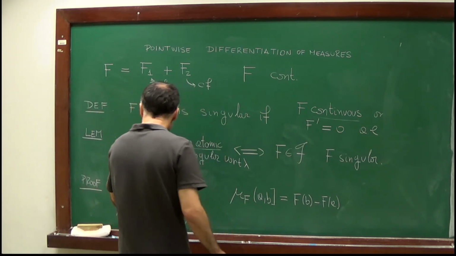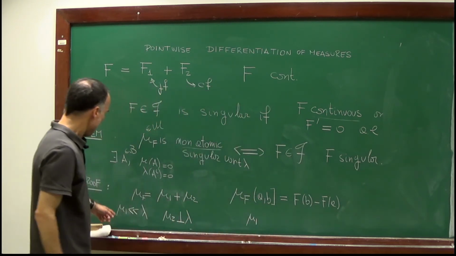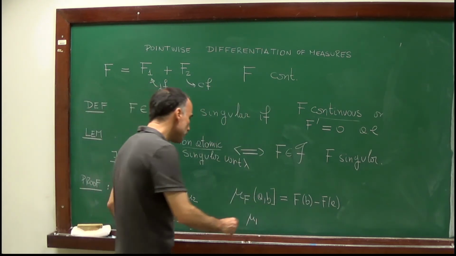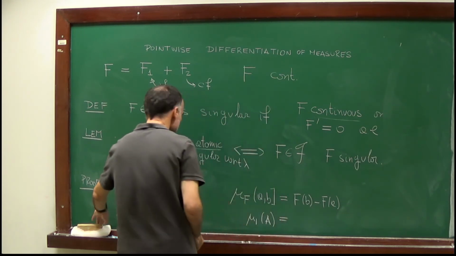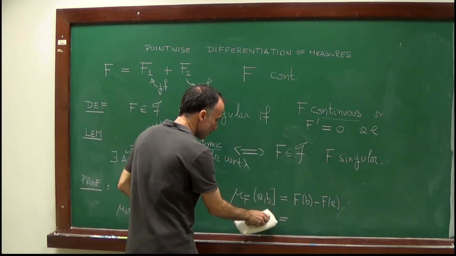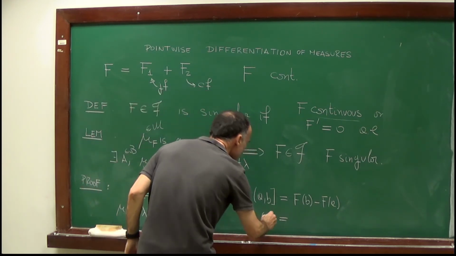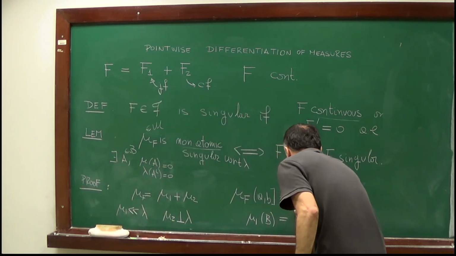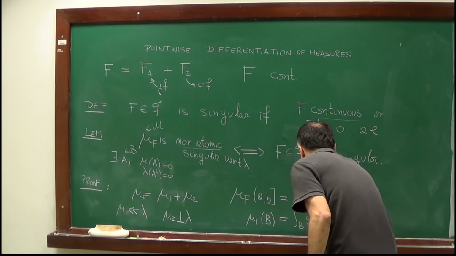Well, but mu1 is absolutely continuous, which means that mu1 of B can be written as the integral over B of G d lambda. Right?